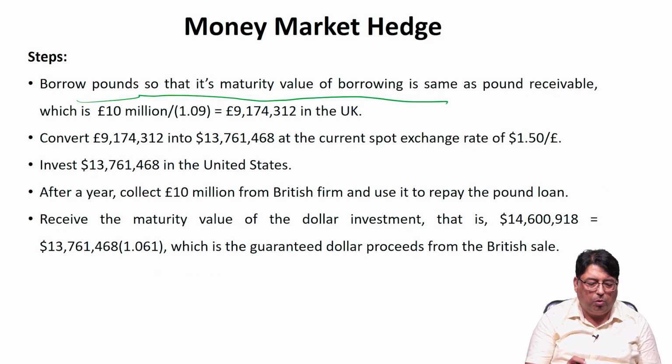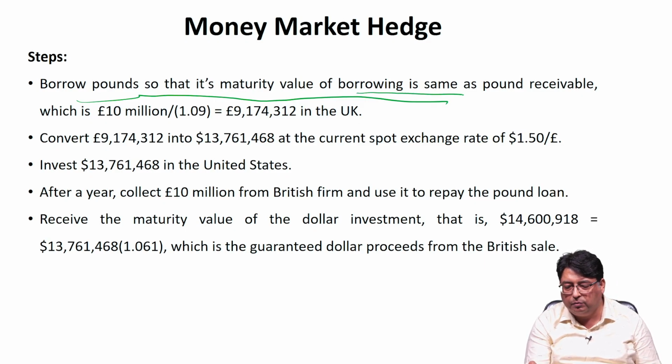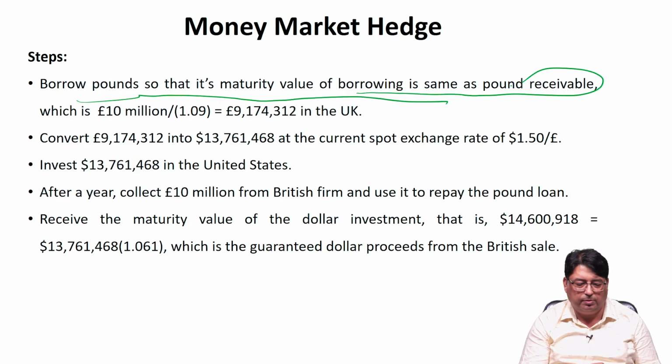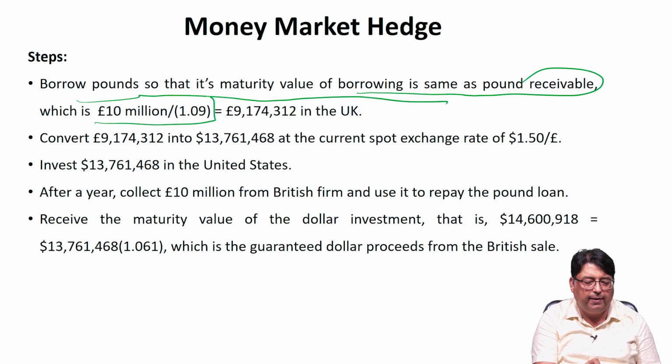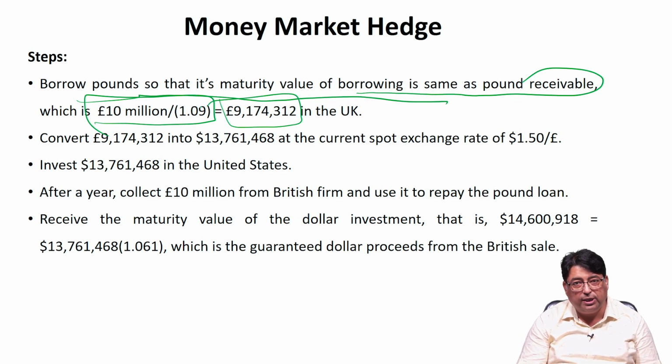So, borrow pounds in such a way that the maturity value of borrowing is the same as the pound receivable, which is 10 million divided by 1.09. So, this much amount in UK, the US firm will borrow, and the rate of interest will be 9%.